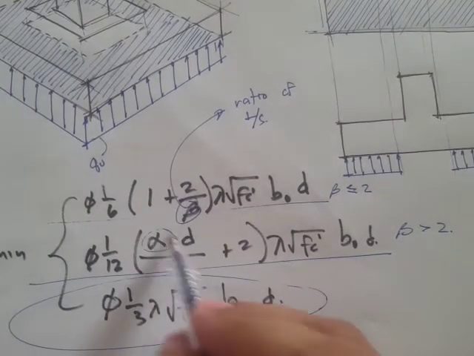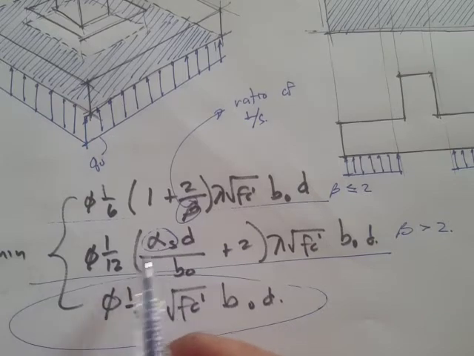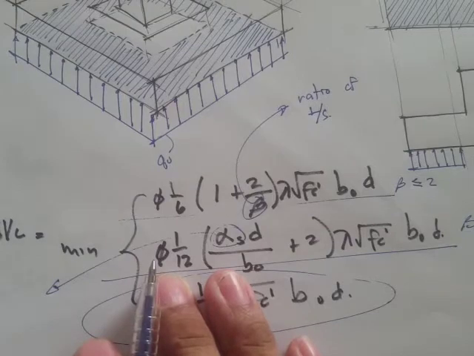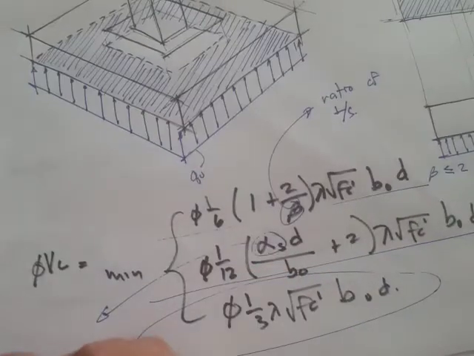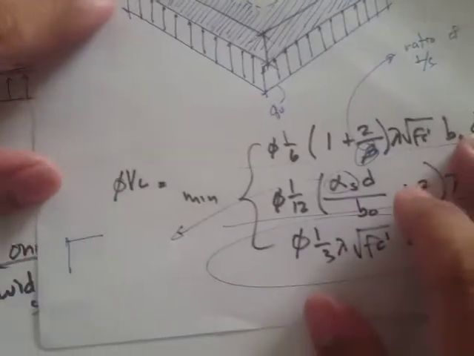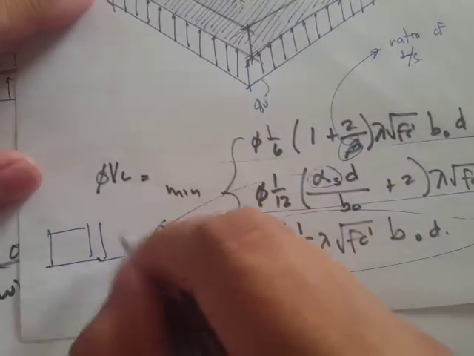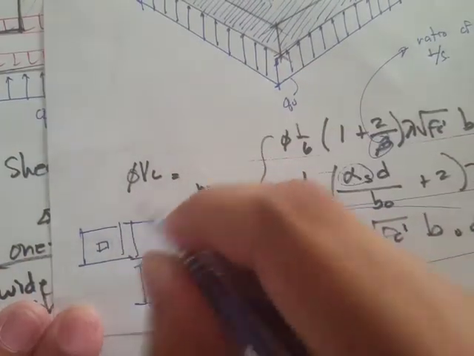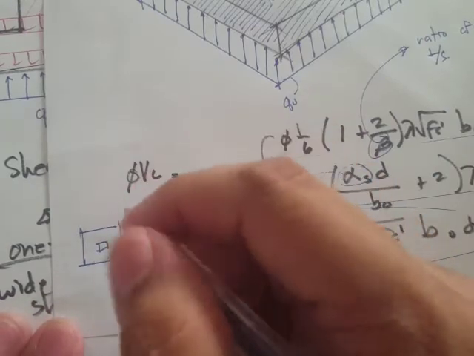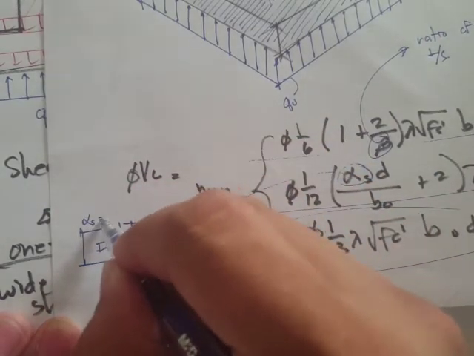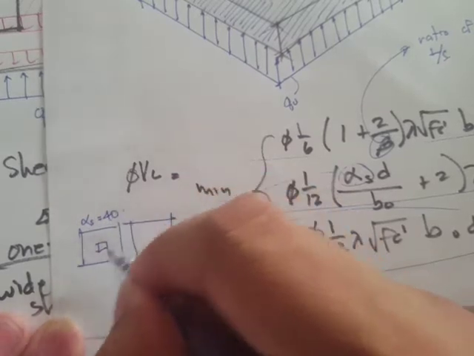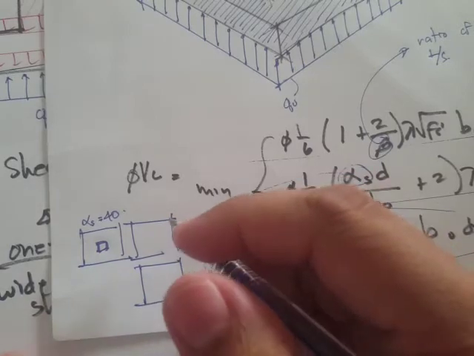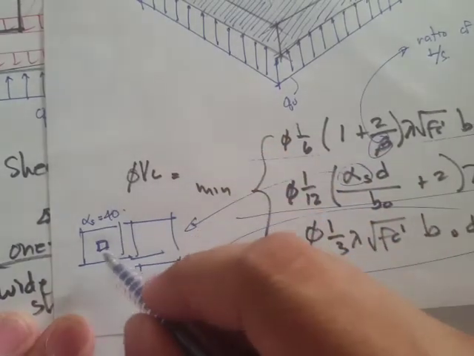By the way, this alpha s actually refers to the location of the footing. For the first one, let's say we have a concentric footing, then our alpha s is 40. This value can be found in our lecture handouts, table 10-4, and this is for an interior column.